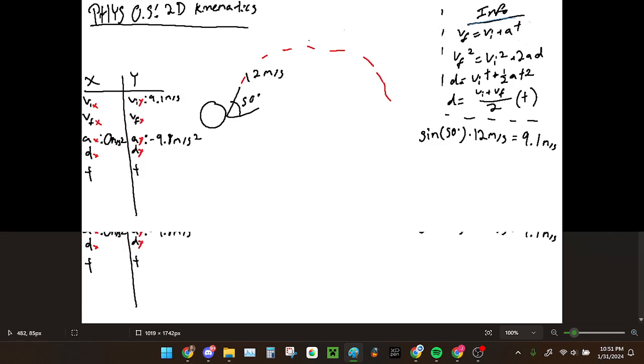Our next step with our y is that we always want to find the apex, which I like to call the half point, because since this is symmetrical, this side will always mirror this side. By finding the half point, we can find time.